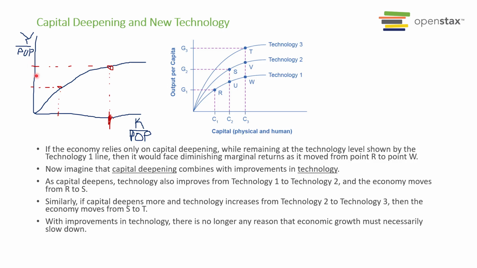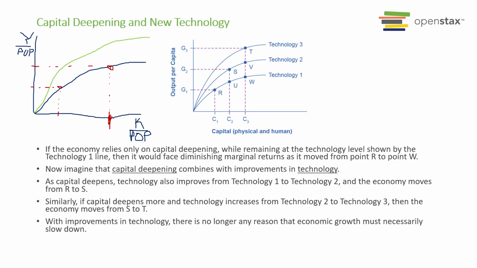GDP per capita. Now, if we increase our technology, we can actually make a whole new production function. Because again, remember what technology does. It enables us to take the existing inputs and make more output with the same amount of input. So that might give us a whole new production function, right?